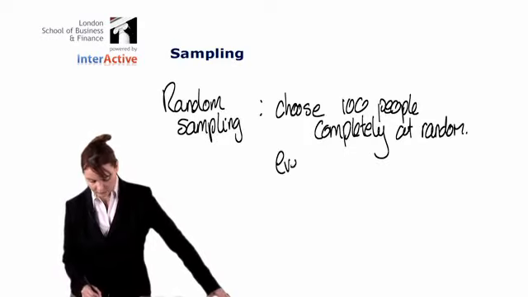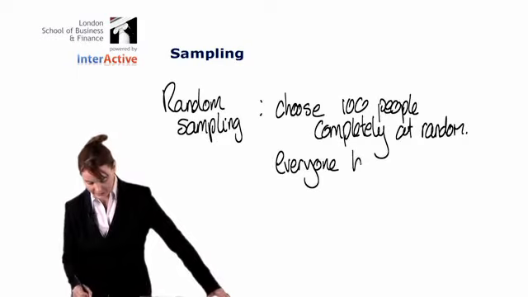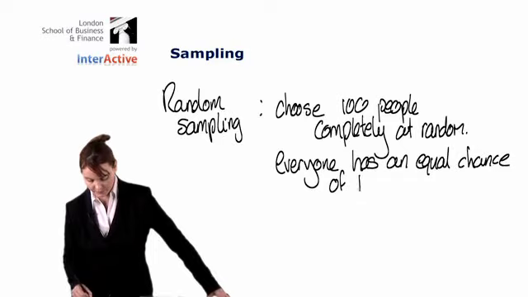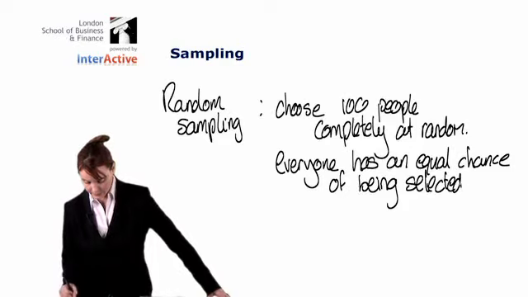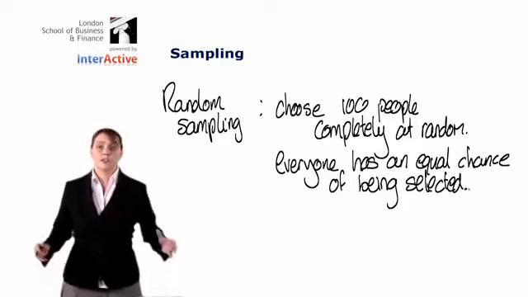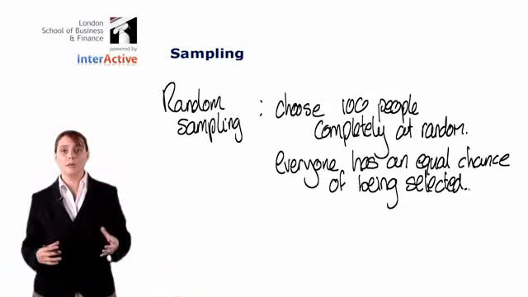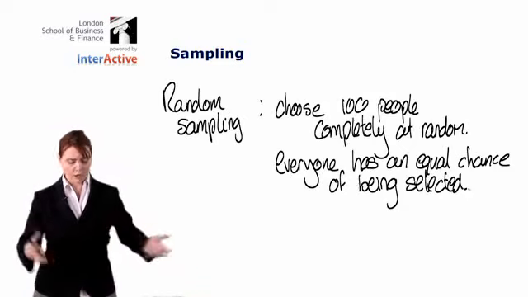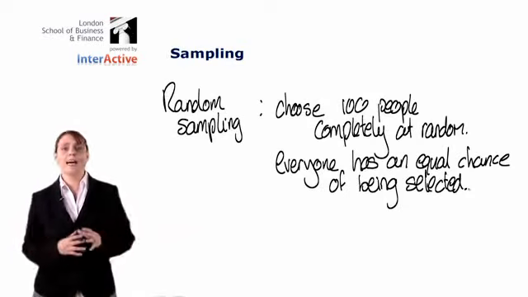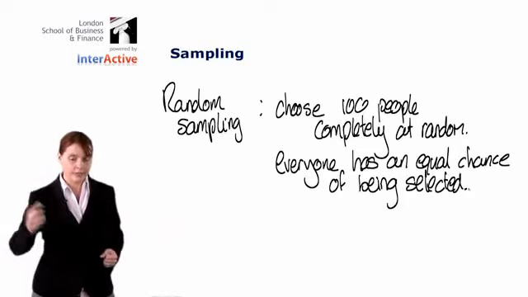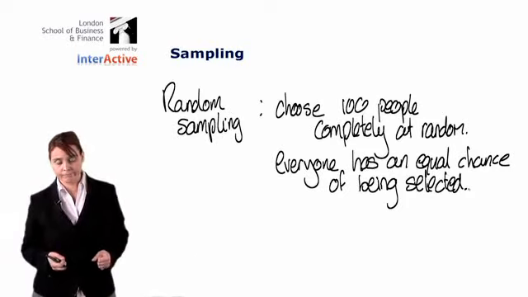So everyone has an equal chance of being selected. So we don't take into any consideration perhaps different age groups and so on. We are just selecting 100 people from the population at random. And there is as much chance of one person being chosen as the next person.